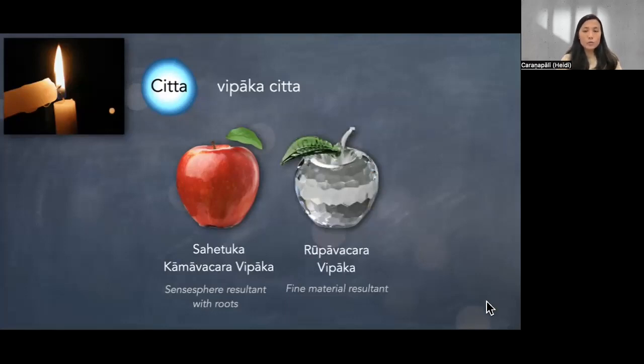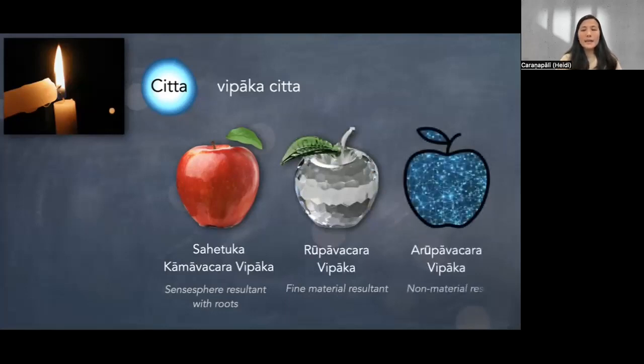In those cases, this Rupavachara Vipaka citta serves as the rebirth linking consciousness for that being, who will be reborn into the fine material world because of his jhana. In the same way, Arupavachara Vipaka citta can also serve as a rebirth linking consciousness.